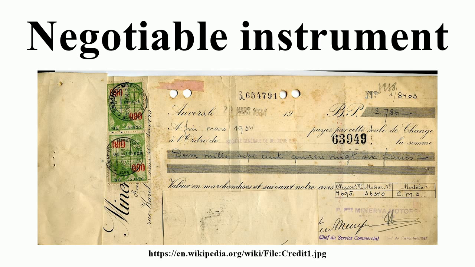Negotiable instrument, except as provided in subsections, means an unconditional promise or order to pay a fixed amount of money, with or without interest or other charges described in the promise or order, if it is payable to bearer or to order at the time it is issued or first comes into possession of a holder, is payable on demand or at a definite time, and does not state any other undertaking or instruction by the person promising or ordering payment to do any act in addition to the payment of money.